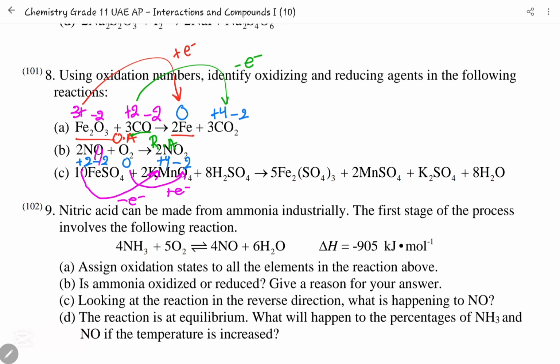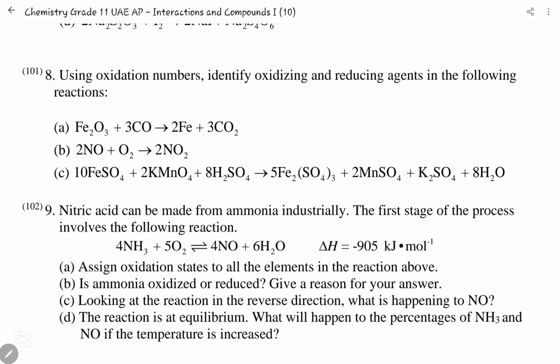The loss of electrons is oxidation, so this was oxidized. That means NO is my what? It's my reducing agent. Why? Because it was oxidized. Then O2, what happened to it? It gained electrons, so it was reduced. So O2 is my oxidizing agent because what happened to it? Because it was reduced, because it gained electrons.